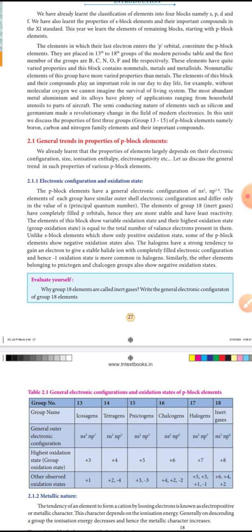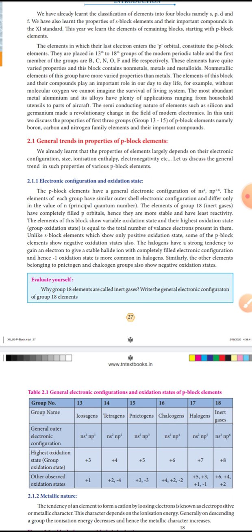Already we studied s-block elements, the alkali metals and alkaline earth metals. In this section we study p-block elements. The 13th to 18th group elements are called p-block elements.